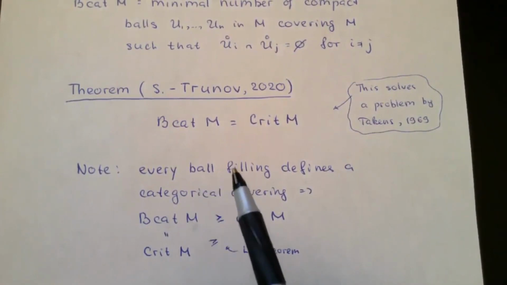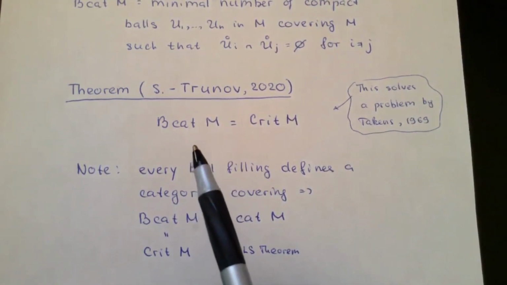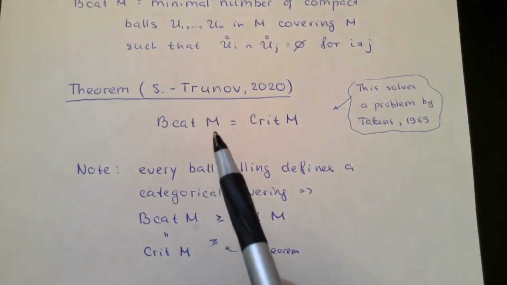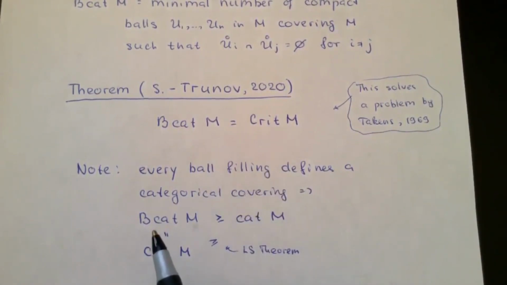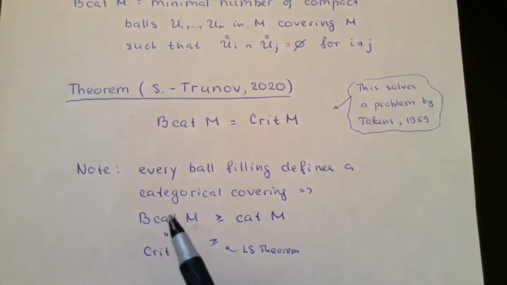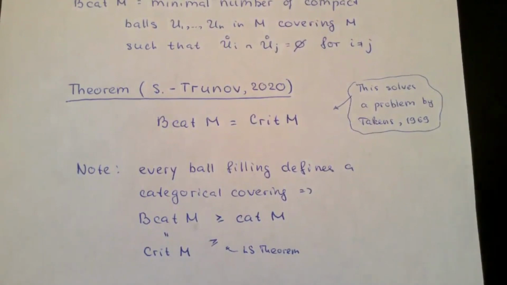This is because in the ball filling, we consider covering by balls, and these balls are contractible in the manifold M. And so because of that, given a ball covering of the manifold M, it is easy to construct a categorical covering of the manifold M. This clearly implies that the invariant Bcat of M is bounded below by the invariant cat of M. On the other hand, by the theorem with Stanislav Trunov, we know that Bcat of M is precisely the same as the number of critical points on the manifold M. This equality, followed by the obvious inequality, gives us precisely the inequality of the Lusternik-Schnirelmann theorem.